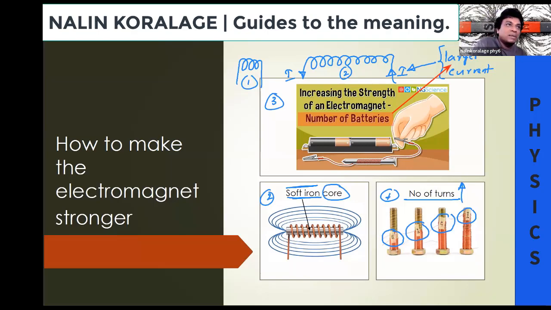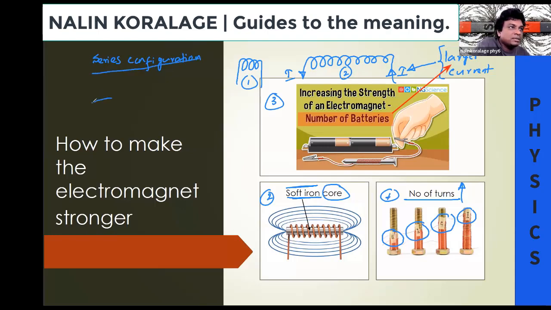Batteries are connected in such a way that the electric current passing through the coil is going to increase. So in order to do that, batteries should be connected end to end. Got it? That kind of connection is called a series connection, which is not relevant at this age. You'll be able to learn about these things in detail at the advanced level.